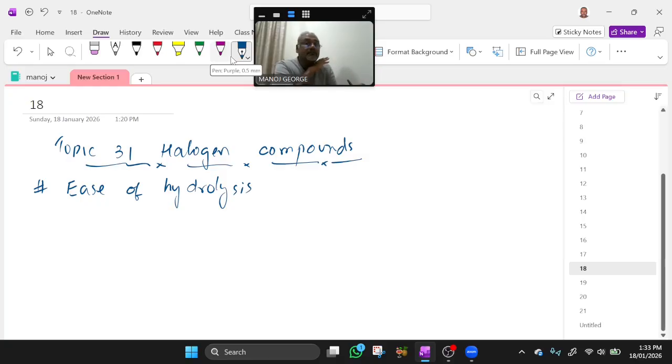So be very careful wherever there is a comparison, acidity comparison, hydrolysis comparison, basicity comparison. Any of these will come up with different compounds. Please make sure you learn all the main key points and statements there.